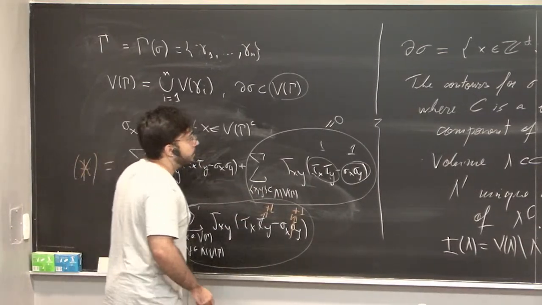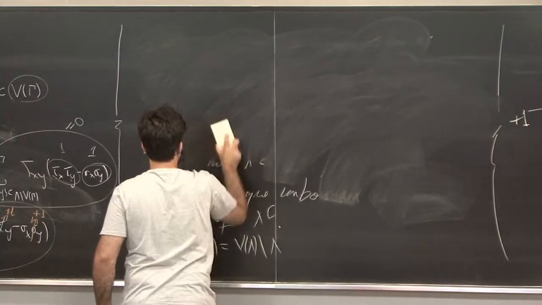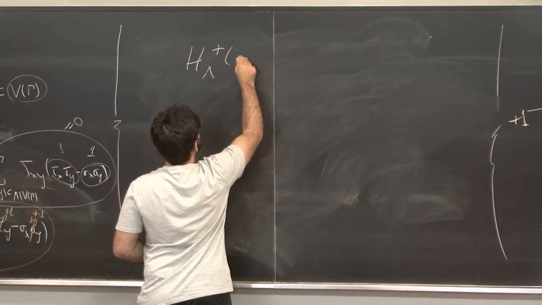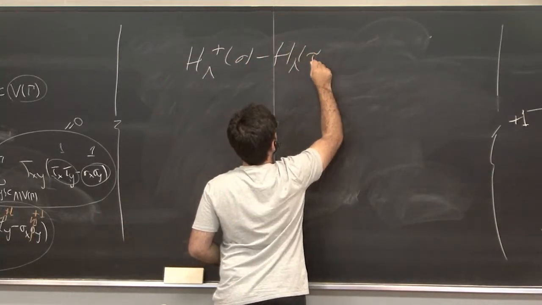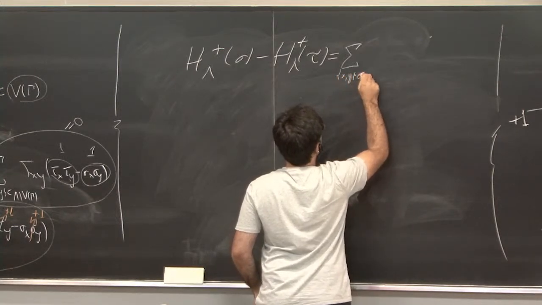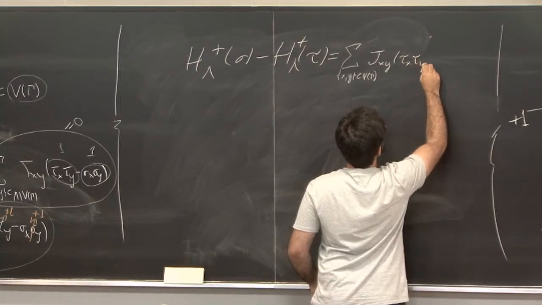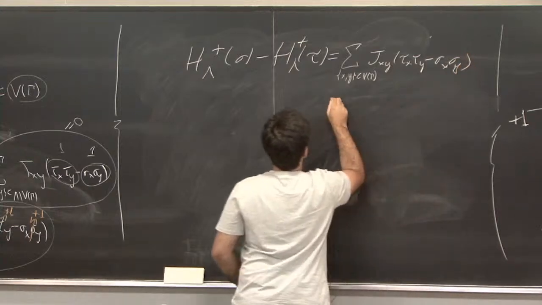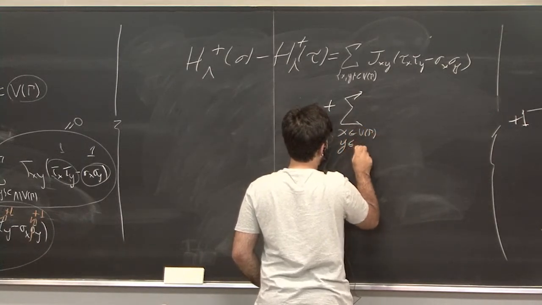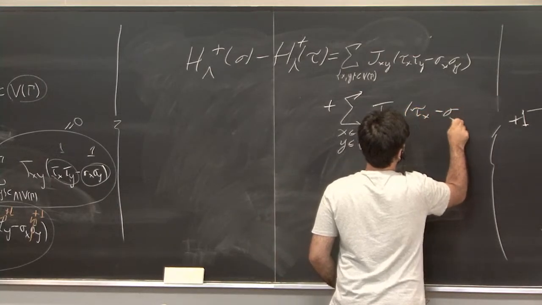Then I can write the difference between energies as being the sum over xy inside V gamma, J xy, tau x tau y minus sigma x sigma y, plus a boundary condition term, x inside V gamma, y outside V gamma, J xy, tau x minus sigma x.